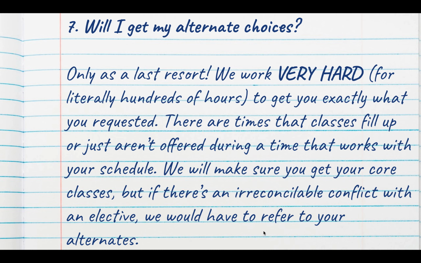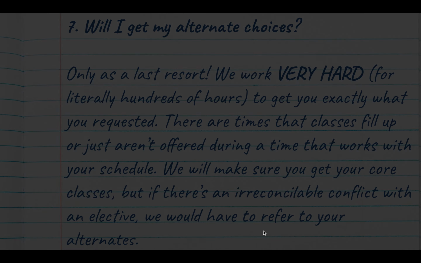We work very hard for literally hundreds of hours to get you exactly what you requested. There are times that classes fill up or just aren't offered during a time that works with your schedule. We will make sure you get your core classes, but if there's an irreconcilable conflict with an elective, we would have to refer to your alternates at that point.